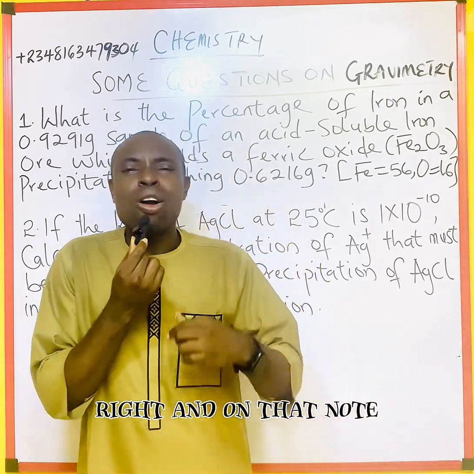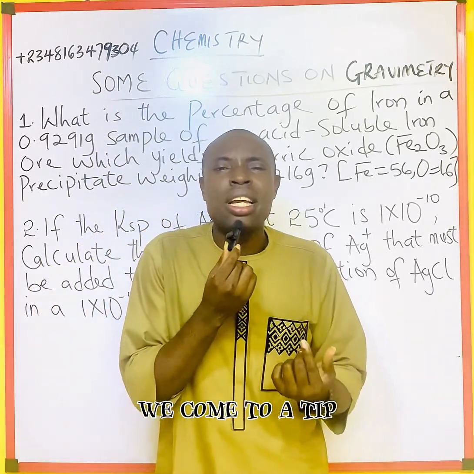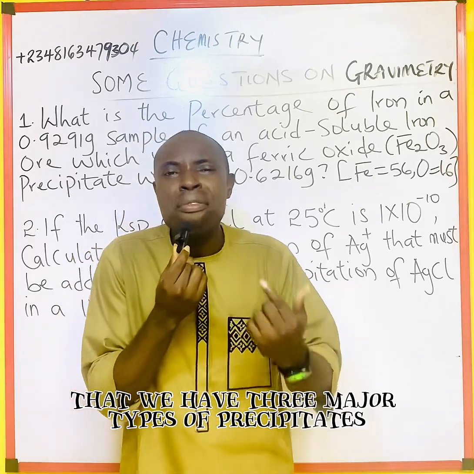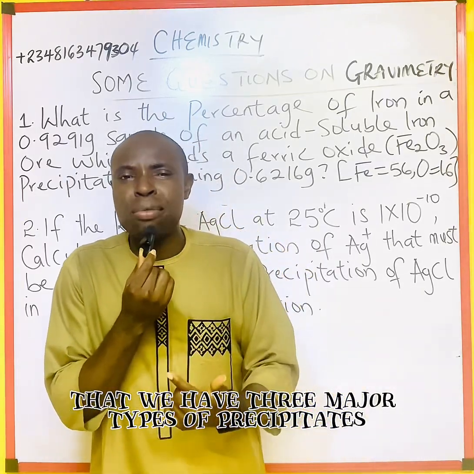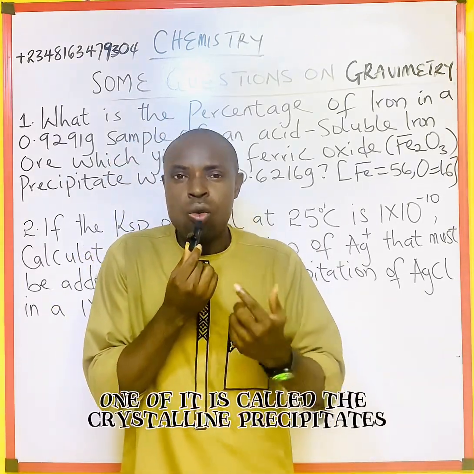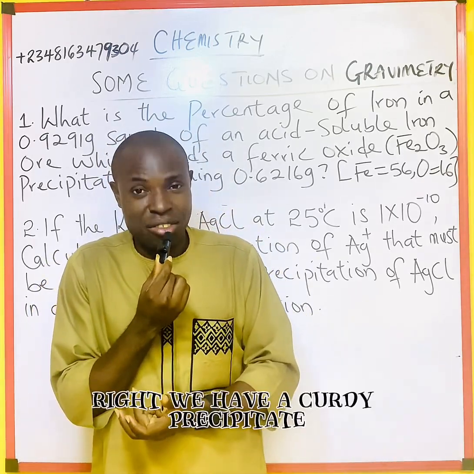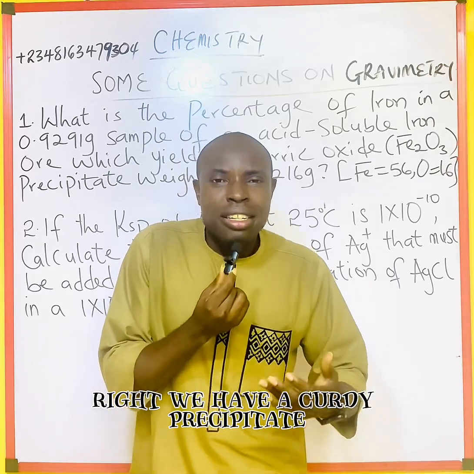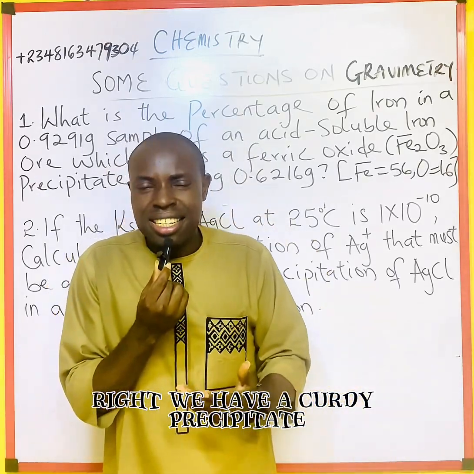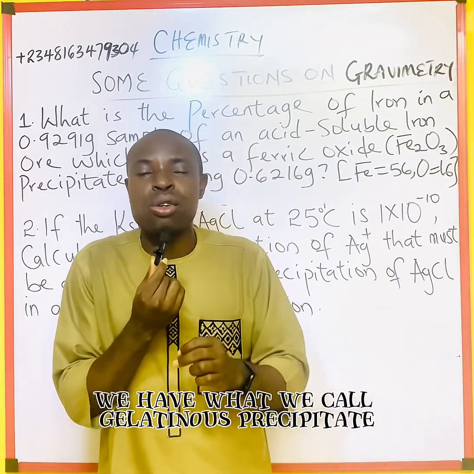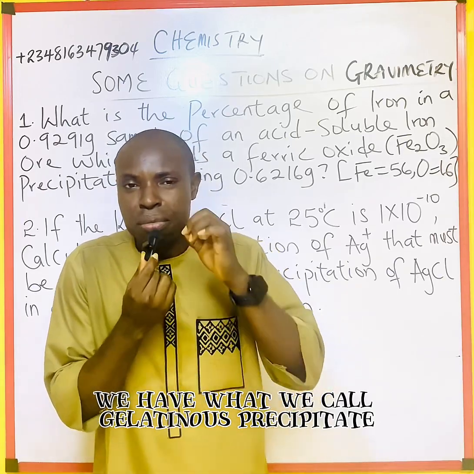And on that note, we have three major types of precipitates. One is called the crystalline precipitate. We have a curdy precipitate, and at the same time, we have what we call gelatinous precipitate.